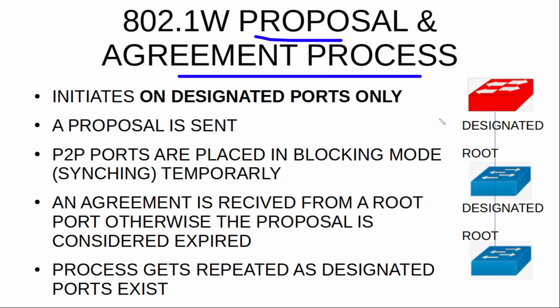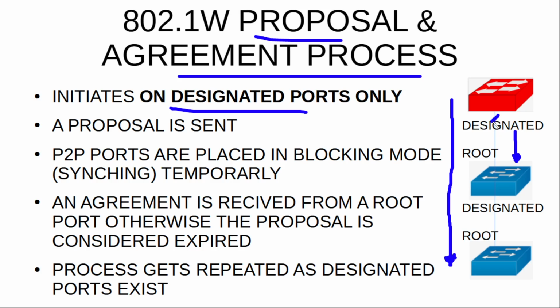This process usually goes downstream, and it's usually initiated by designated ports. So if something happens in the network, there is a failure or event, and this network has to converge, a proposal is sent only by designated ports. At that moment, several ports are put into discarding mode.